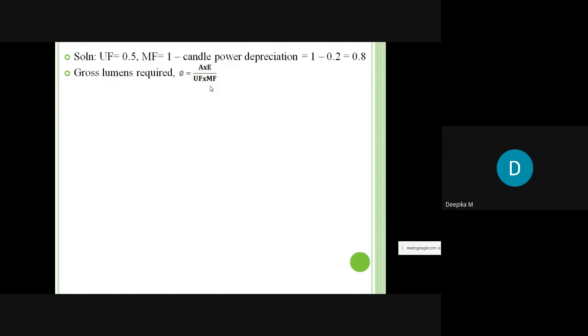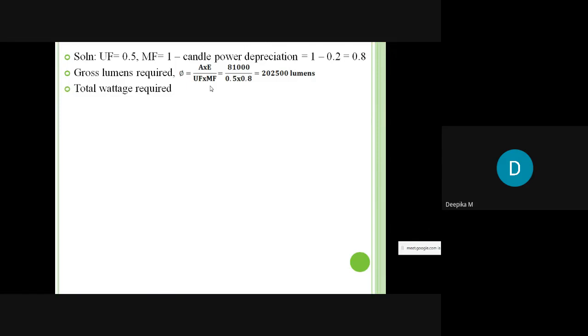So that is very important. Therefore, gross lumens required is total lumens generated divided by UF into MF. So this is 81,000 divided by 0.5 into 0.8, which is 2 lakh 2,500 lumens.